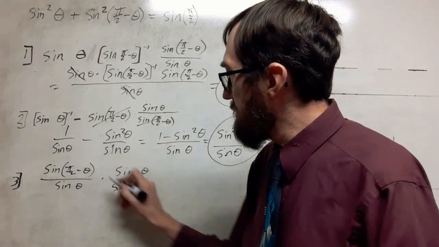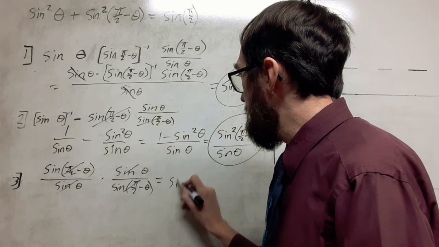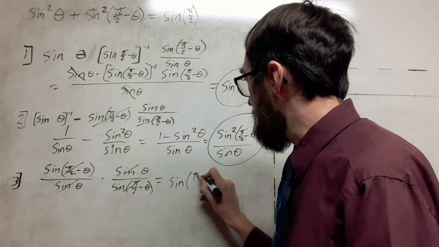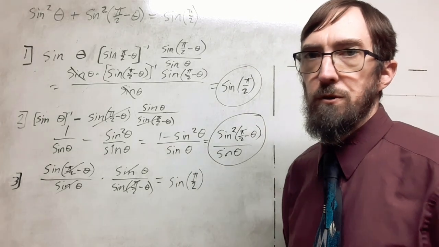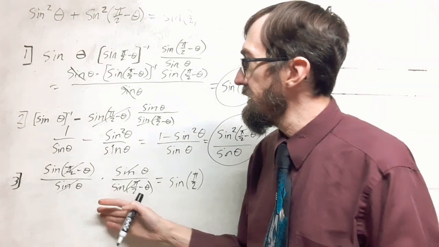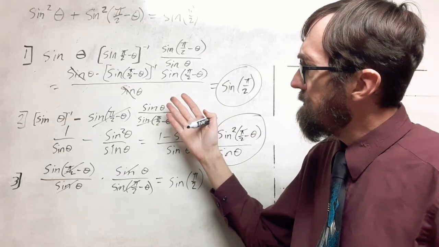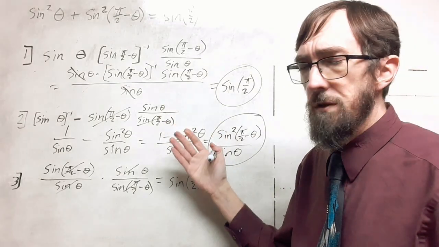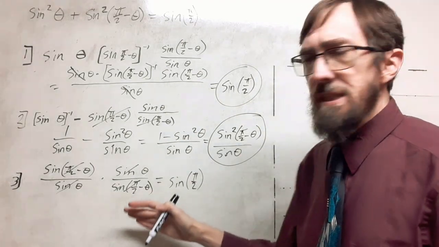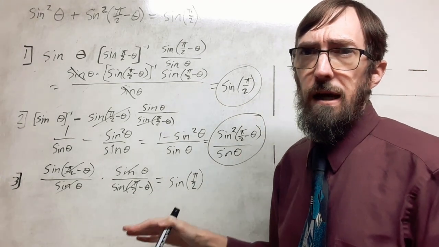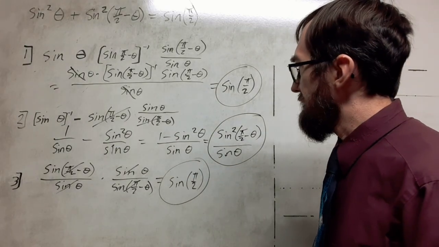So this is going to cancel with this, and this is going to cancel with this, and again, we are going to end up with the multiplicative identity of sine pi over 2. So actually number 3, while some of these others may lead to some confusion or a little more intense thinking, we actually see a simplification as we look at exercise 3. So this is going to be our final answer here.